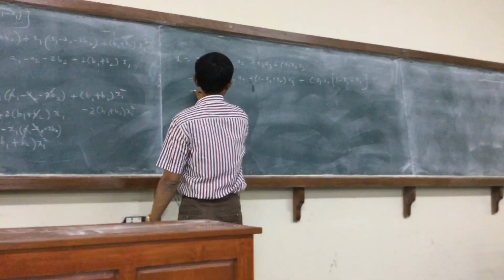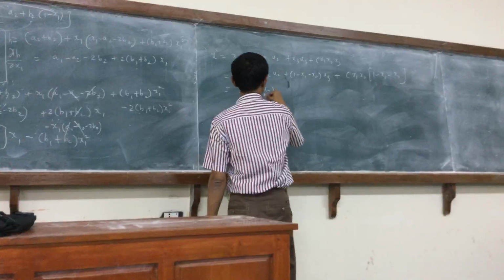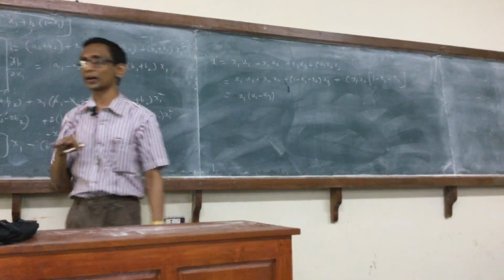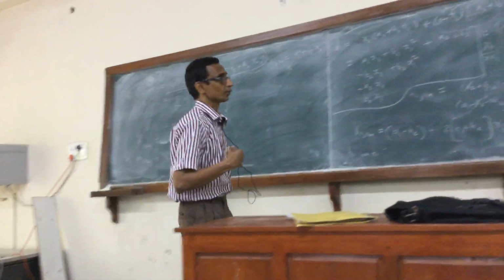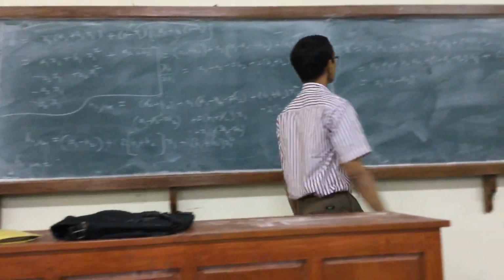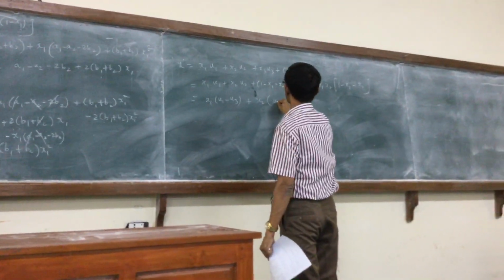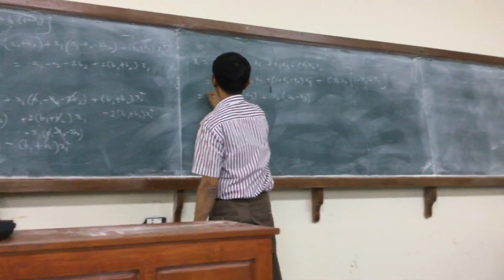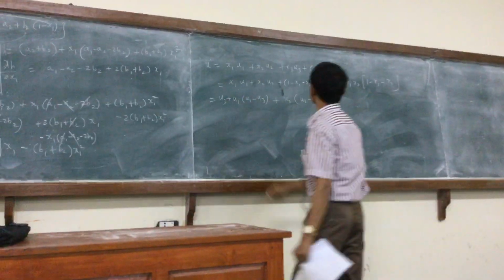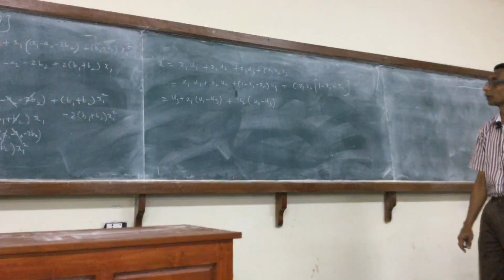So then I can gather together again x1 times u1 minus u3. There will be a whole group of terms, and I feel it is better to keep them separate because it will be easier to differentiate. Plus x2 times u2 minus u3, and of course I have u3 right at the top, right?